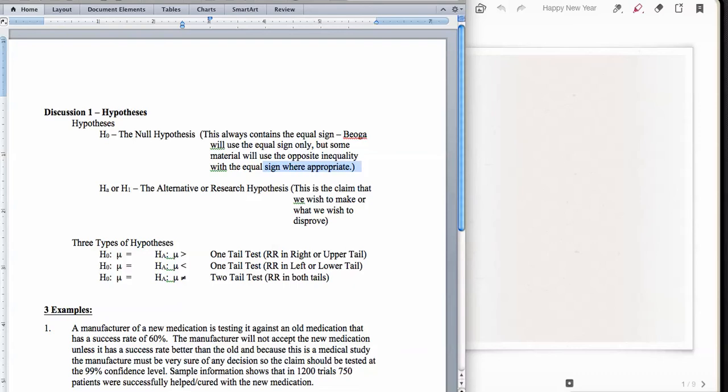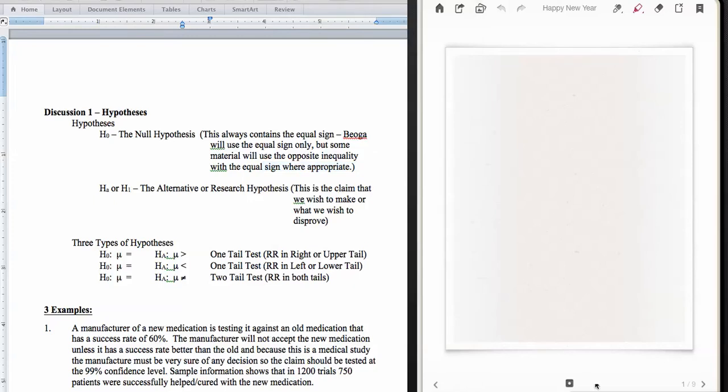So let's go ahead and take a look at the three types of hypotheses. We have three different sets of hypotheses, and I'm going to take the first one, where our research claim, our alternative hypothesis, is that we are looking at a mean or a proportion.